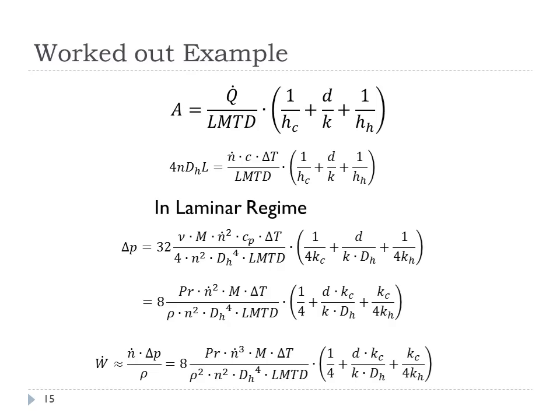So what I want to point out here is, you can solve for the area, but we know that there's a relationship between the area and the length, L. So you can solve for the pressure drop when you solve for the length using the A is equal to Q dot over LMTD equation. Solve for the length and put that into the equation for the pressure drop.